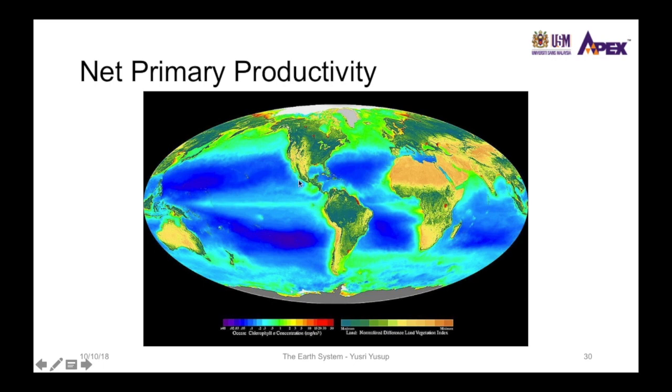We can also see the net primary productivity at the coast is also high because of upwelling and the high amounts of nutrients at the coast. But the NPP over land is much higher compared to the oceans because of the activity of the plants on the surface.